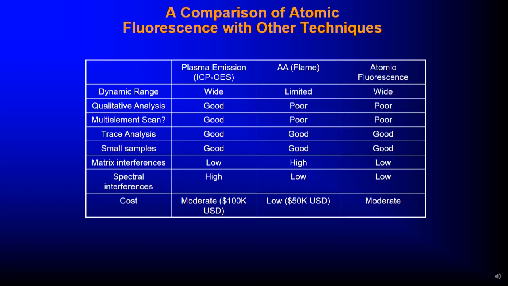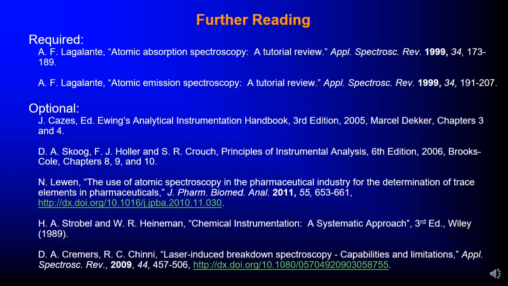Then spectral interferences are high in ICP-OES, but very low in AAS and low in atomic fluorescence. Cost: plasma emission is moderate, AAS is low, and atomic fluorescence is also moderate. So this can really help you to choose which method to use in the analysis. Thank you.